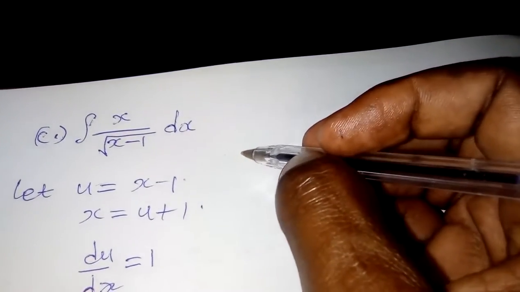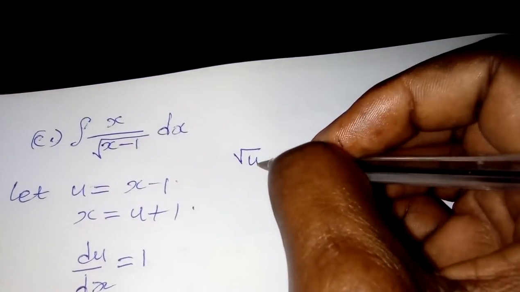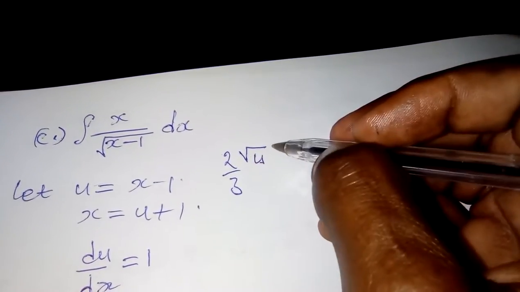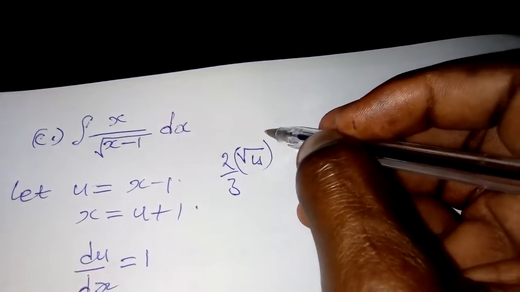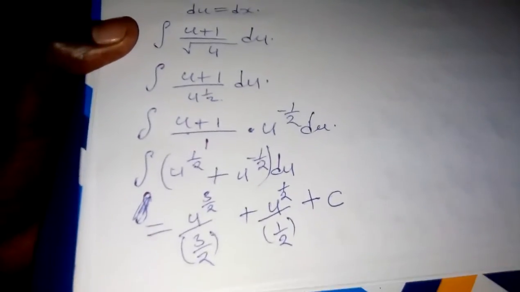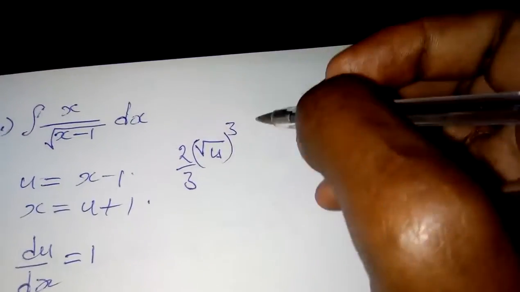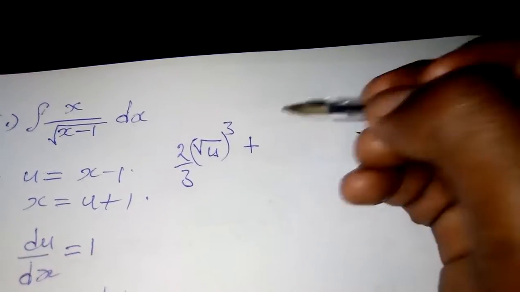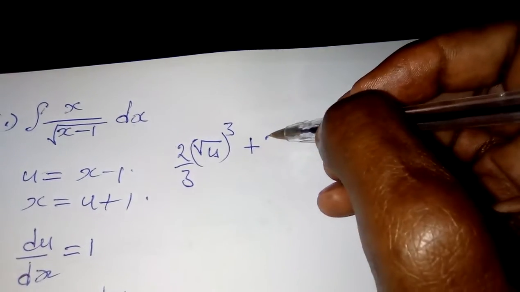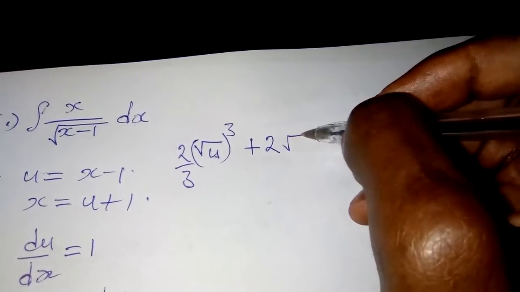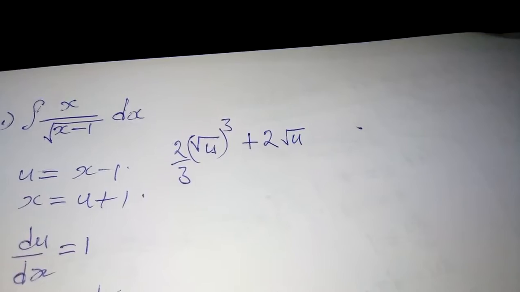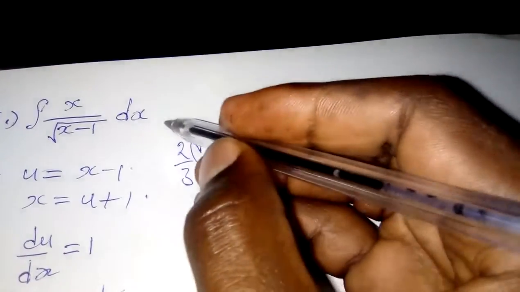We can write that as the root of u to the power 3, multiplied by 2 over 3, plus 2 the root of u, and then plus c. Let me just demarcate this.